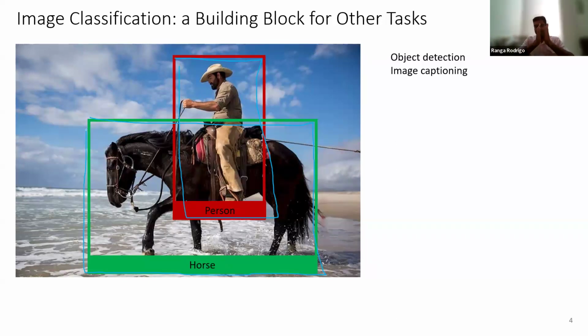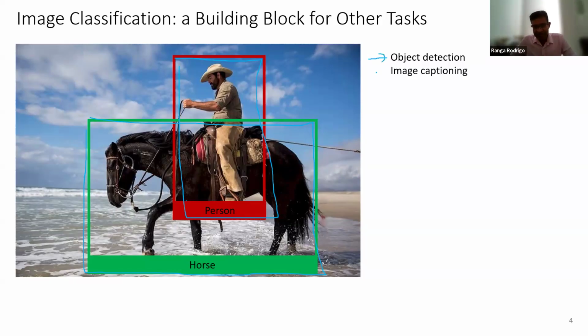But if we have a mechanism of identifying what the important object areas are, what are the boxes that may have an objectness, then by taking them, we can feed them to an image classifier and get the class name. That is object detection.